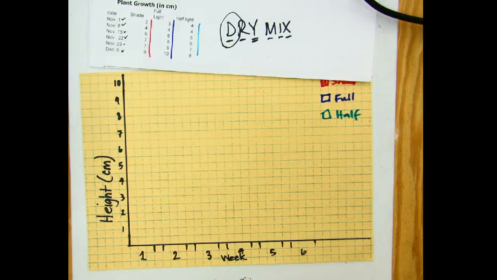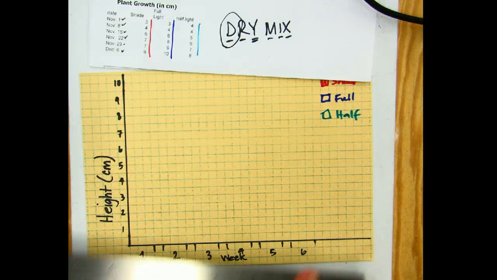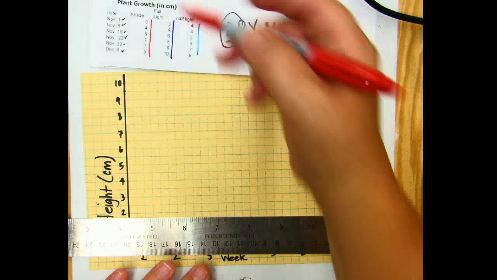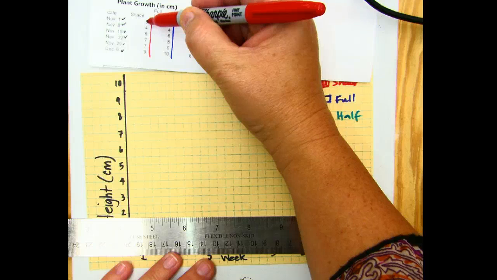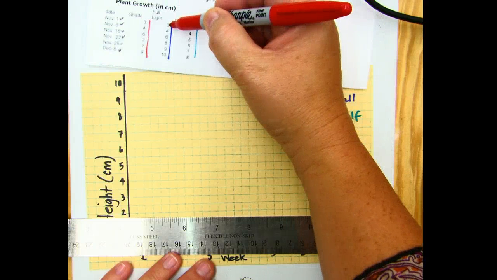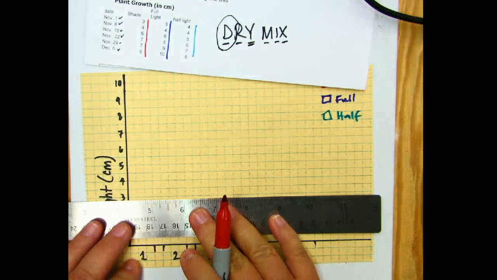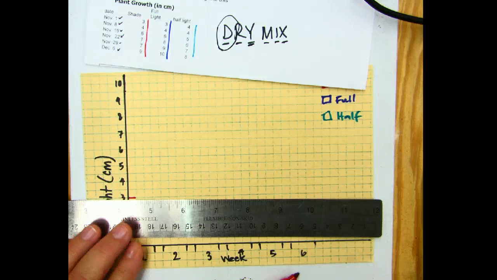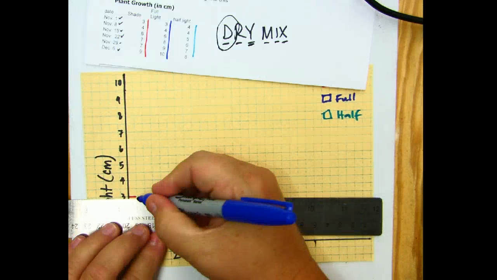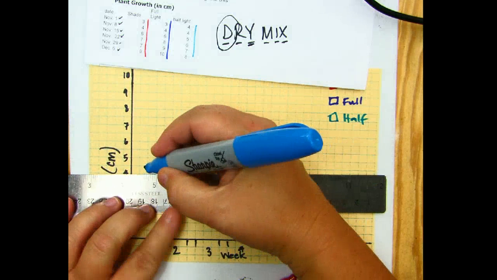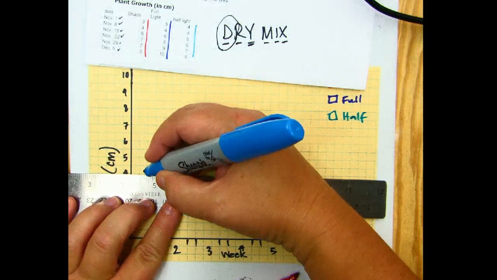You can start off with any one. I'm going to start off with my November 1st, so the shade, which is my red, is 3. The other one, the dark blue, is 3, and the half light is 4. So I'm just going to go 3, get my pens out here, 3, and 4.